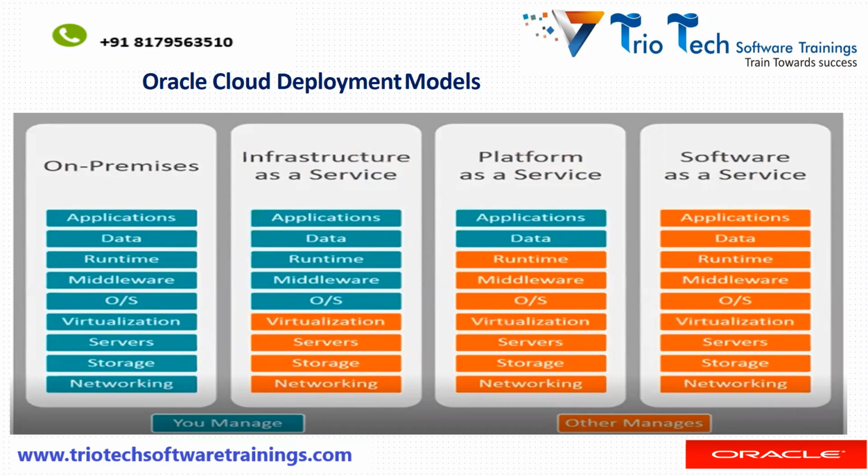Assume a scenario where they want to maintain financials in the current legacy software, whereas they want to move the HCM, procurement, and sales to the cloud. In that case, they will go for a hybrid. Some they will maintain on-premise, and some they will move to the private cloud. So that is the reason for going for IaaS, infrastructure as a service.